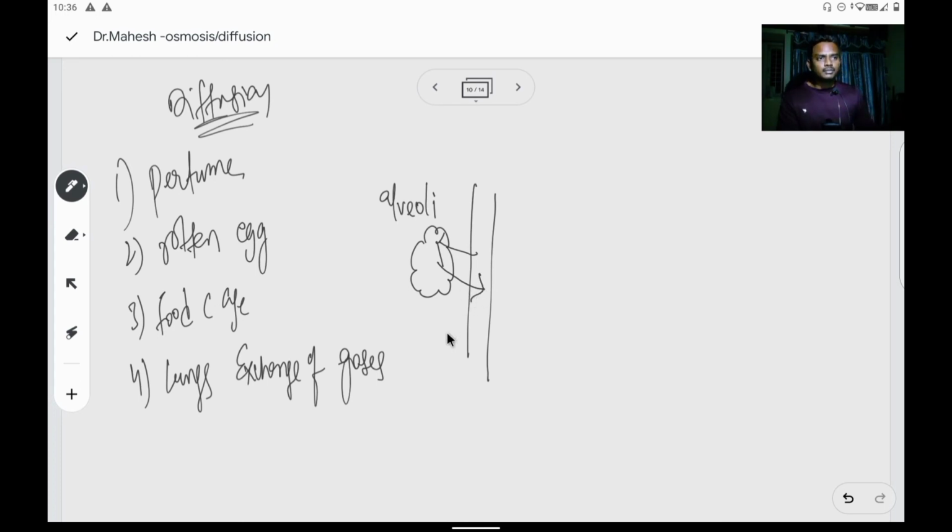As we inhale, oxygen will go inside the blood vessel from the alveoli like this, and from our blood vessel carbon dioxide goes into the alveoli and it is exhaled outside the body. It's very simple. And for the exchange, and in photosynthesis, there are so many processes for diffusion.